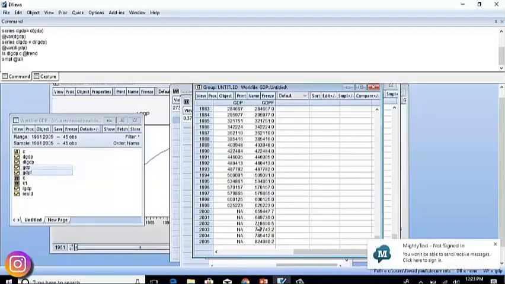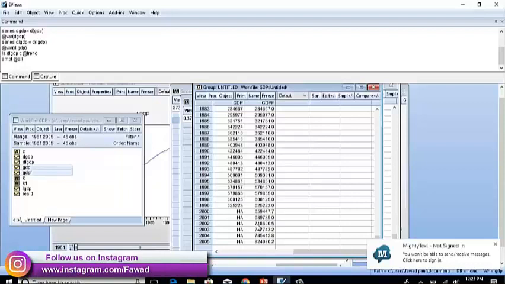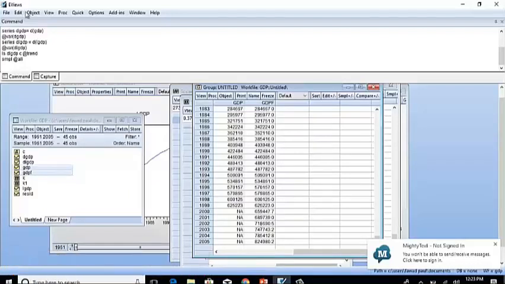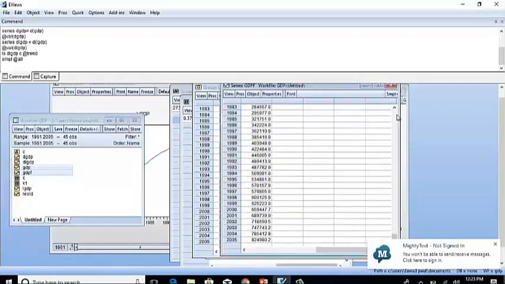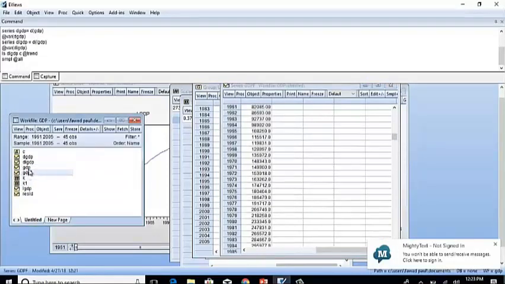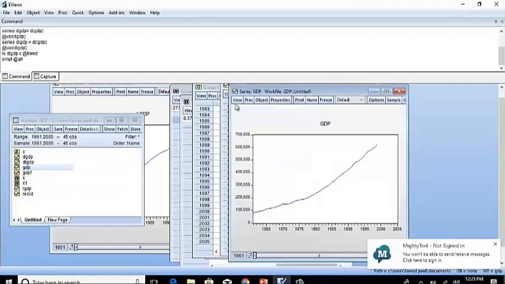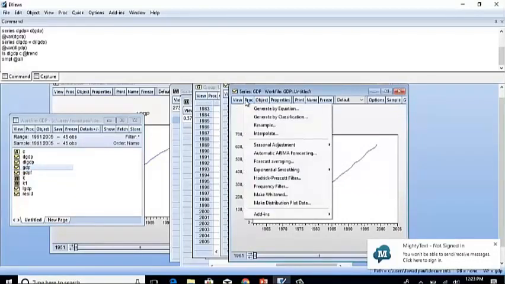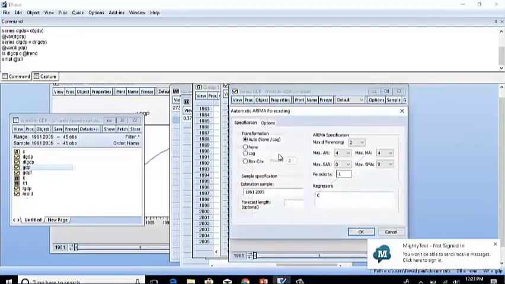EViews 9 has the advantage of calculating the autoregressive moving average automatically. How can we calculate it? As you know, this is our original data, GDP. Go to Proc, autoregressive integrated moving average forecast.